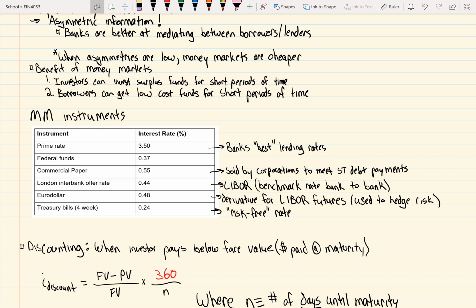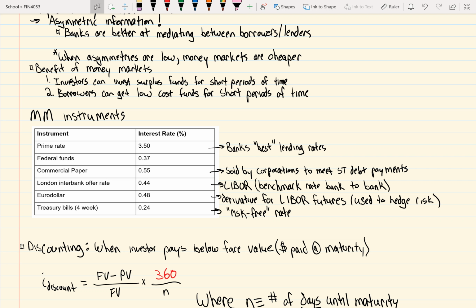These are used to hedge risk, based on future LIBOR rates, or LIBOR futures, they call them. So perhaps banks would want to hedge whether the LIBOR rate is going to go up or down in the future and protect against it fluctuating.